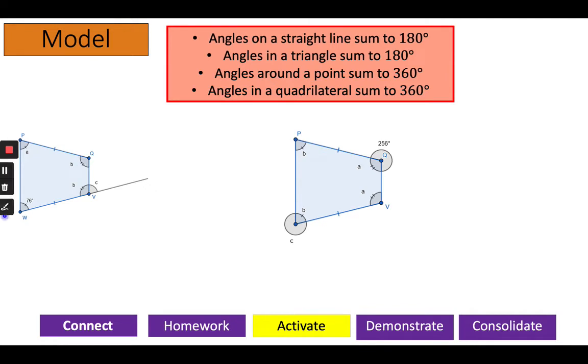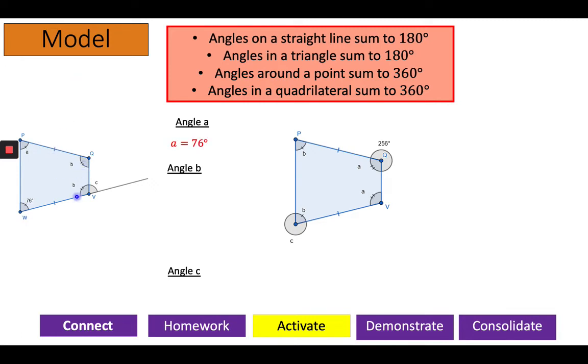We now have a quadrilateral with a straight line pointing out of it, and we are missing 3 angles again here. So angle A, angle B, and angle C. Angle A we can quickly find because we see that it is equal to 76 degrees.